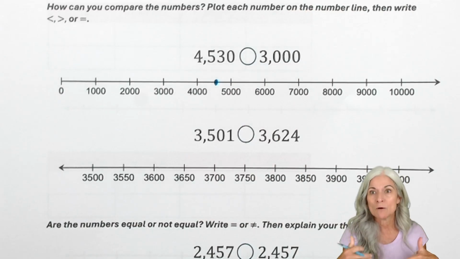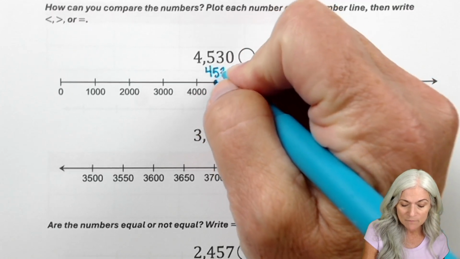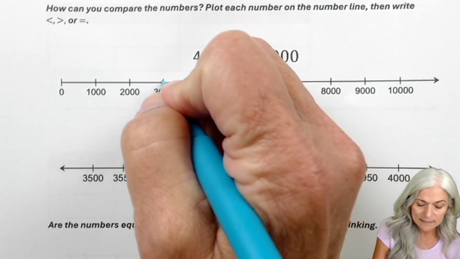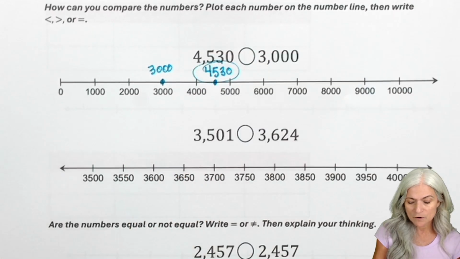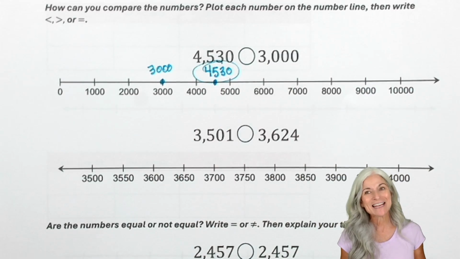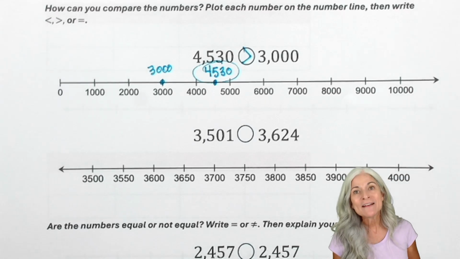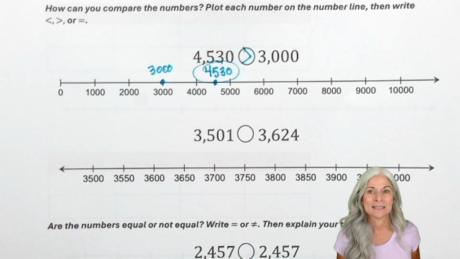That will be so helpful if you can work with your students on that. So we would put 4,530 about there. Of course, 3,000 is on the number line right here. So the one that's further to the right is the 4,530. Alligator opens its mouth to the bigger one. 4,530 is greater than 3,000.